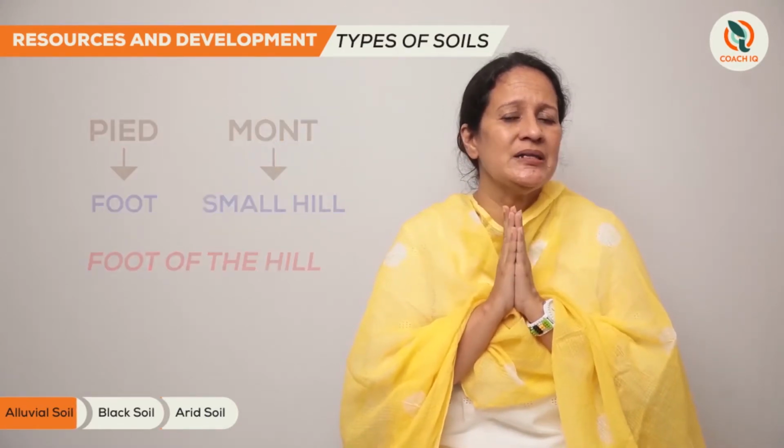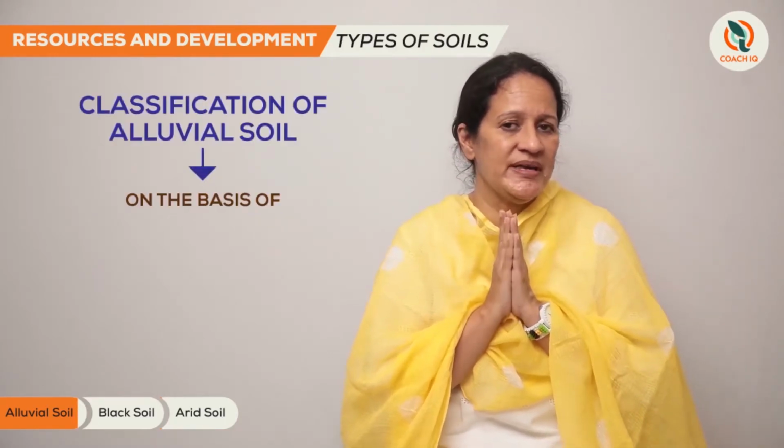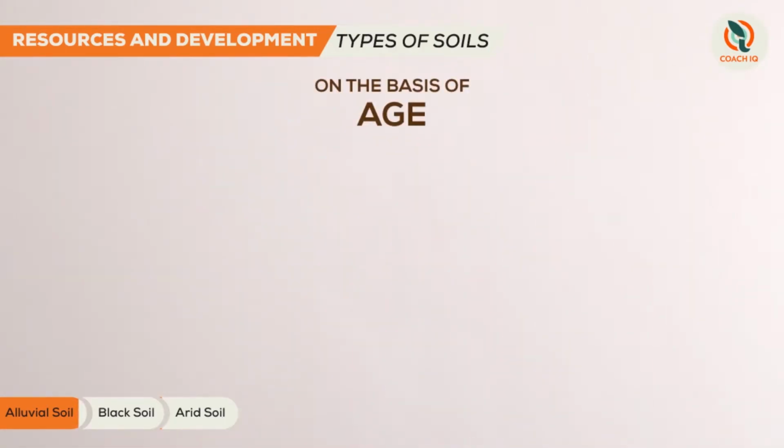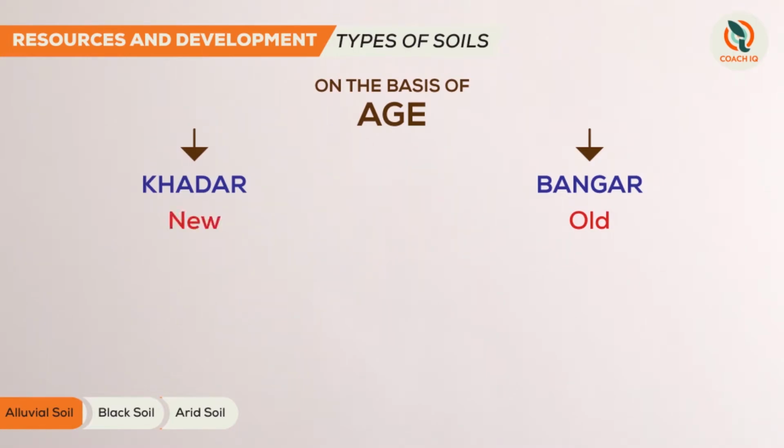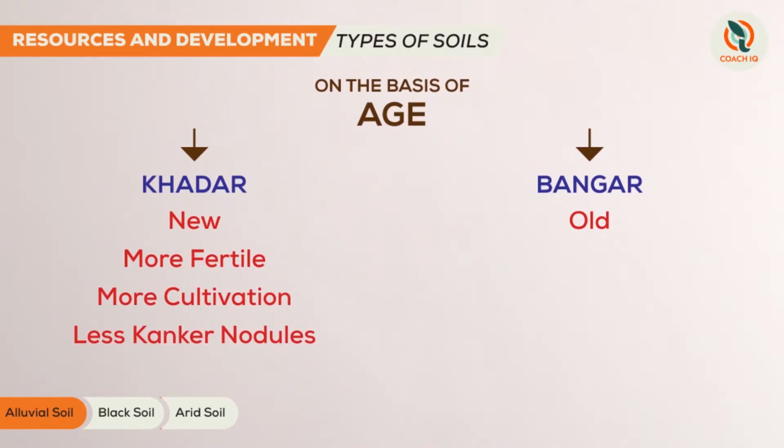Now you go towards classifying the soil on the basis of age. You have the Khadar and the Bhangar. Bhangar is your old alluvial soil and Khadar is the new alluvial soil. Khadar soil is more fertile. It is more intensively cultivated and it has a lesser concentration of kankar nodules.